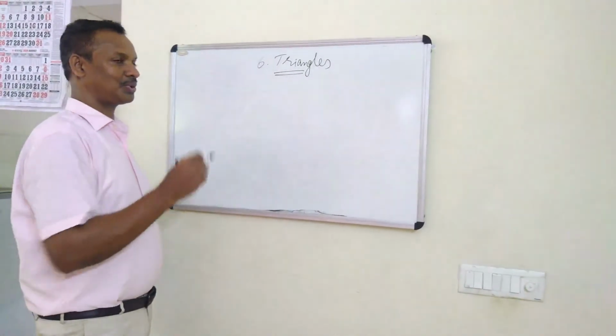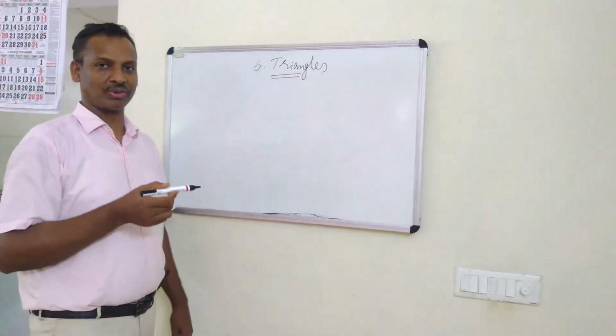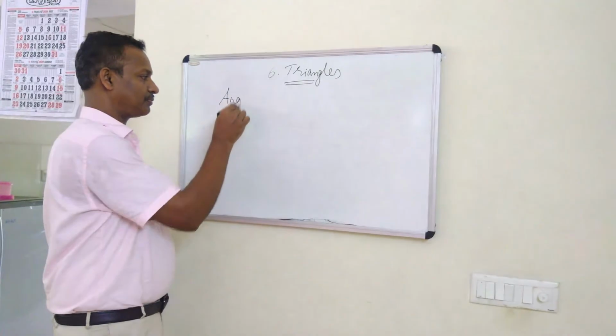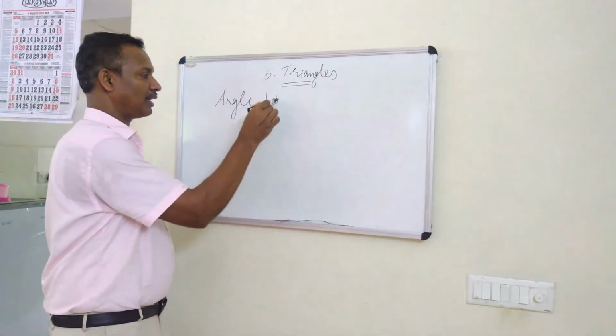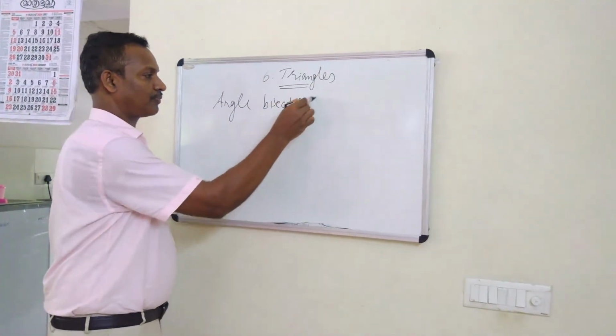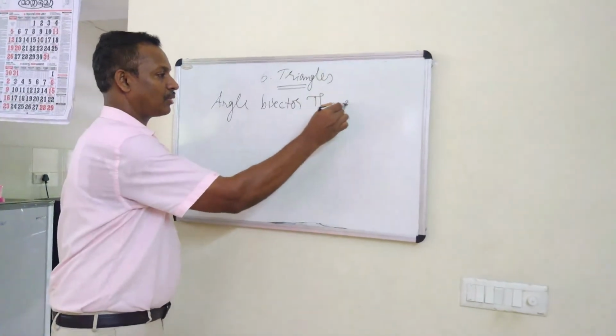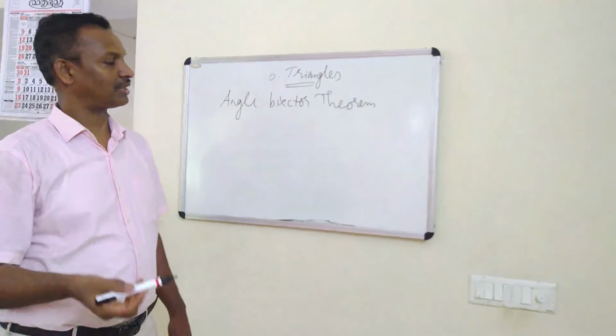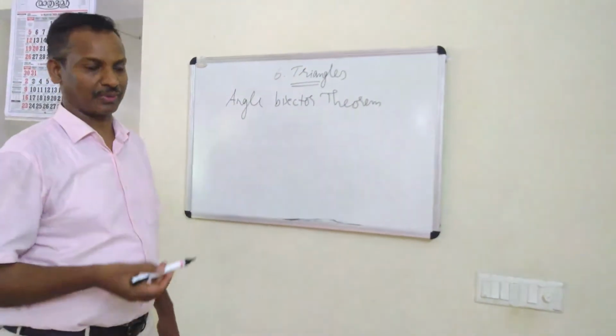Okay. First question: in the old books, the angle bisector theorem was there. Now this is removed from the syllabus, but we have it as a question in our textbook.